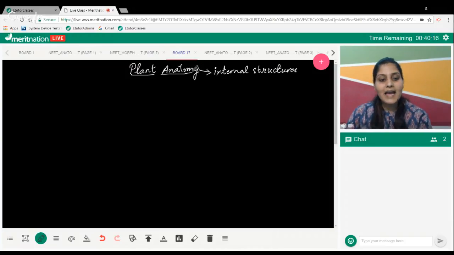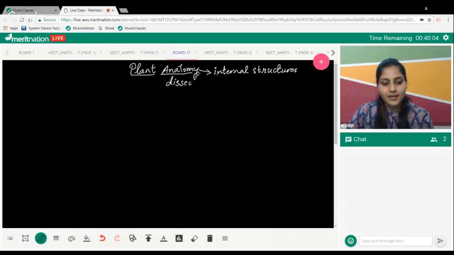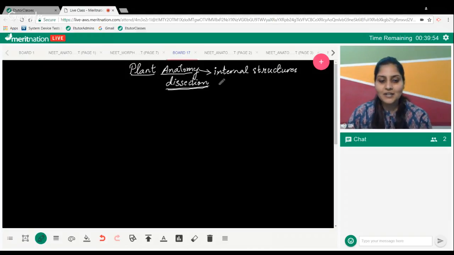For studying the internal details of the body, we need to perform dissection. So wherever you come across the word anatomy, keep in mind that we are dissecting a particular organism and studying the internal details of the body. This is the idea about anatomy.